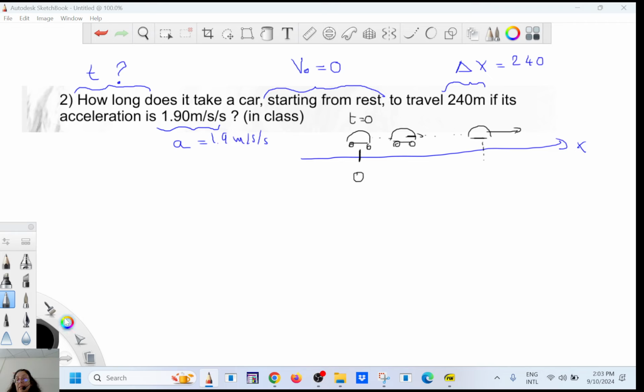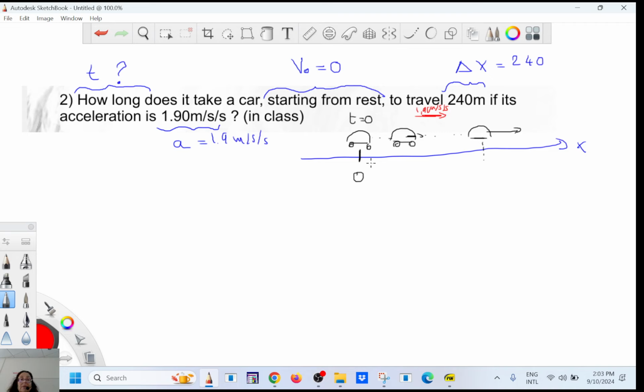And the other thing, you want to always show the acceleration on the top. You have to think acceleration is like a force, right? If the acceleration is positive, it's accelerating, so the force is in this direction. So it's moving 1.9 meters per second faster every second.